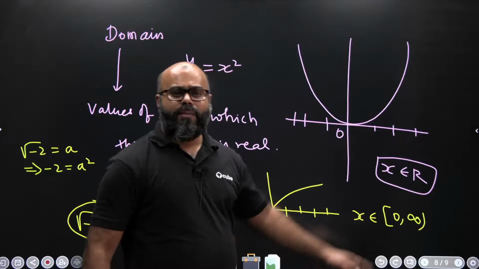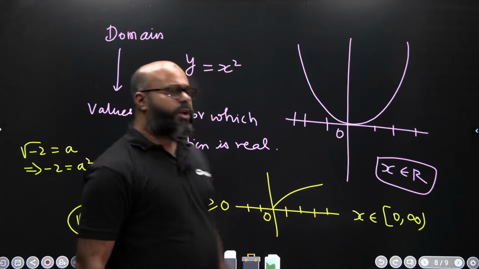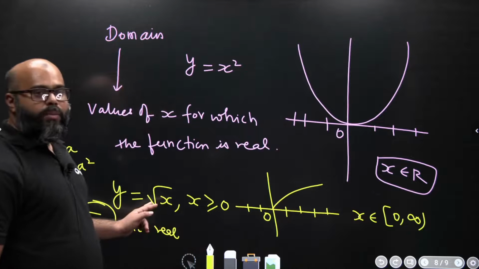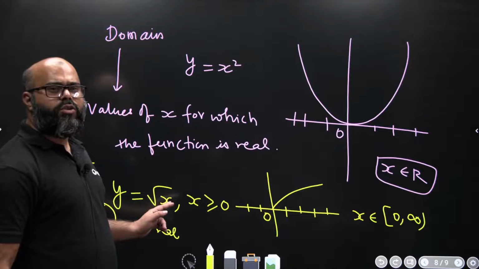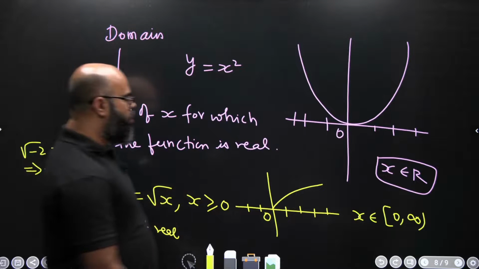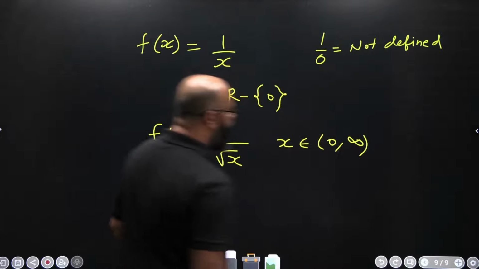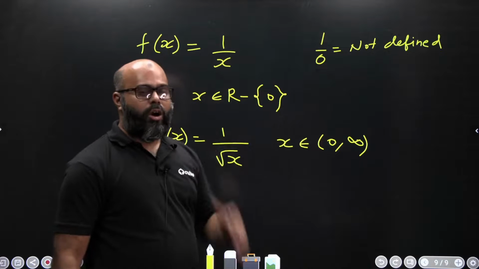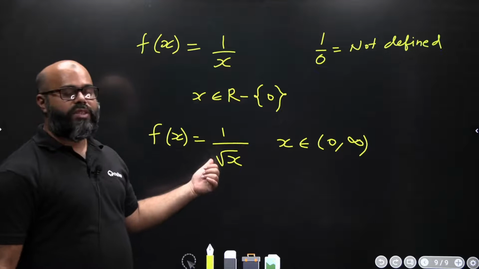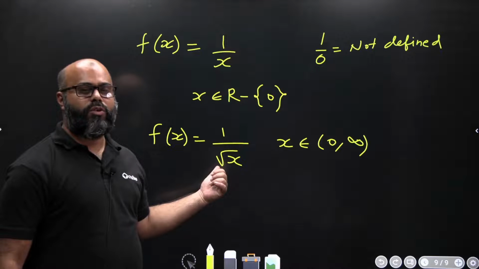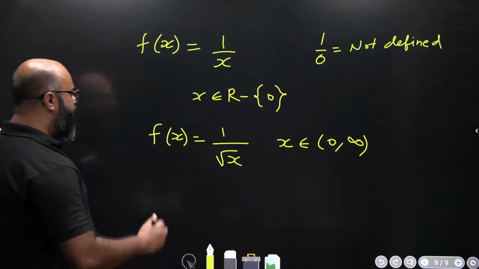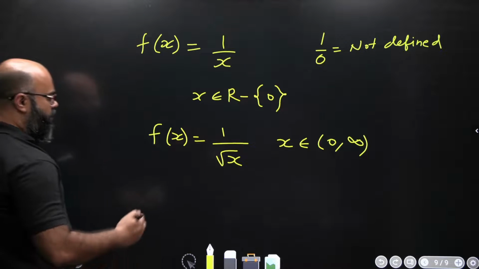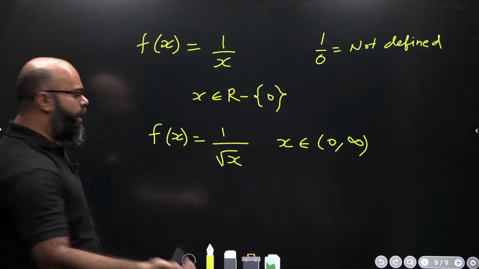Why? By taking a square bracket, because it is not in the denominator, it is in the numerator. So, root over x can give you x is equal to 0 as y is equal to 0 also. And if you take 0 to infinity where 0 is not included, then it is the domain of this one, because here you cannot take x is equal to 0 as it is in the reciprocal. So, this is how you have to decide whether it is a function or not and what is its domain.